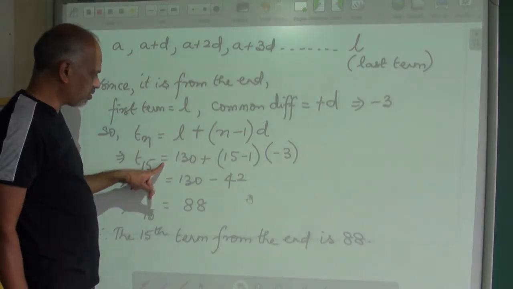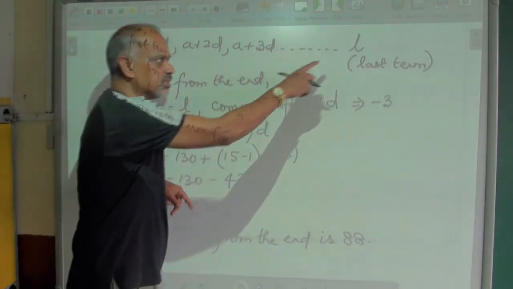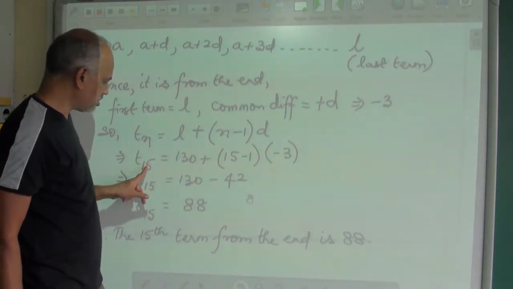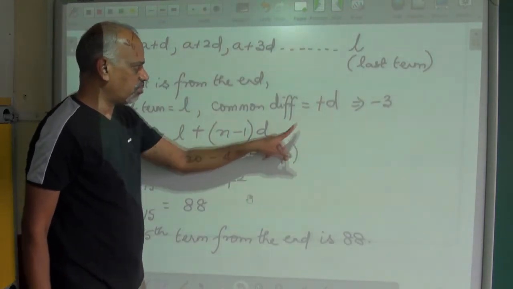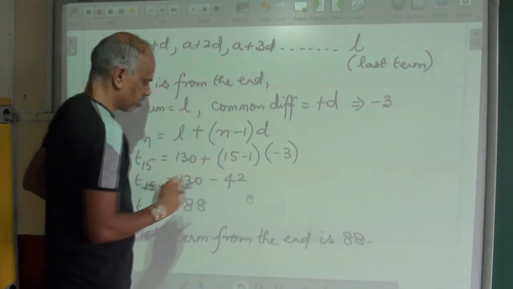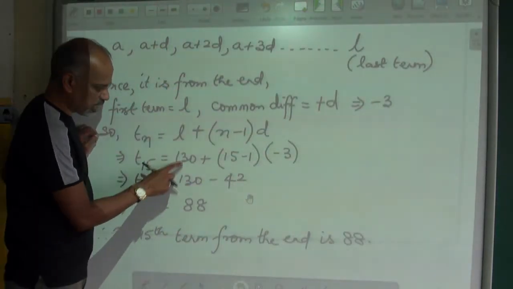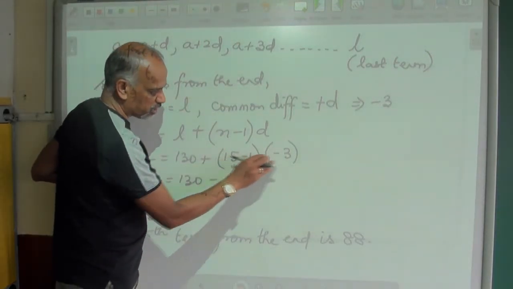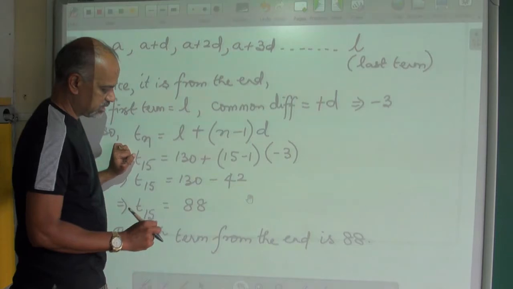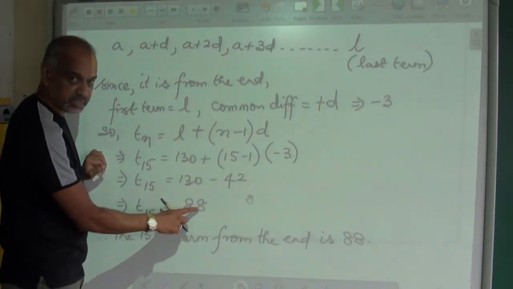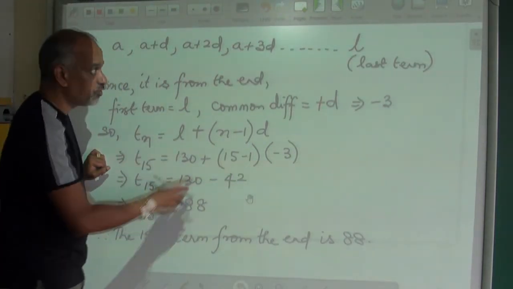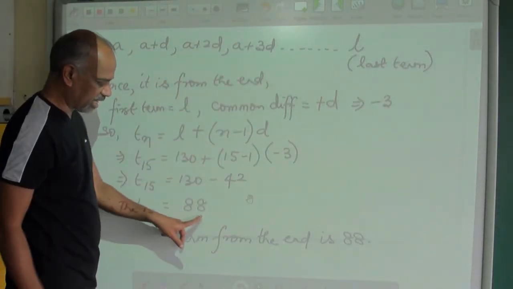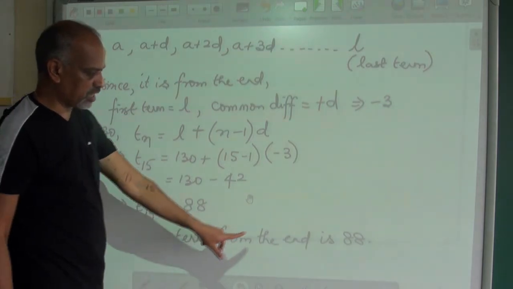Therefore, term 15 is equal to, the last term is what we are going to start with, that's 130 plus n value is 15, 15 minus 1 times common difference, minus 3. So term 15 is equal to 130, then 15 minus 1 is 14, 14 into minus 3 is minus 42. Subtract these two, you will get 88. That is term 15 from the end. From the end, the 15th term is 88.